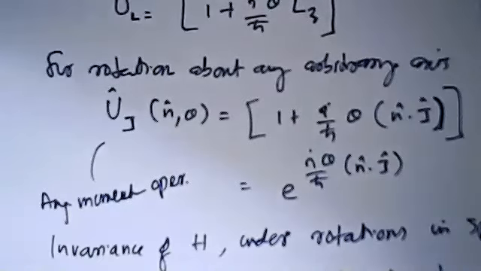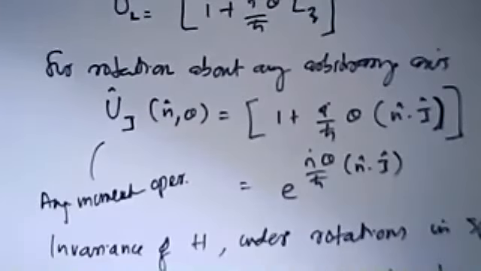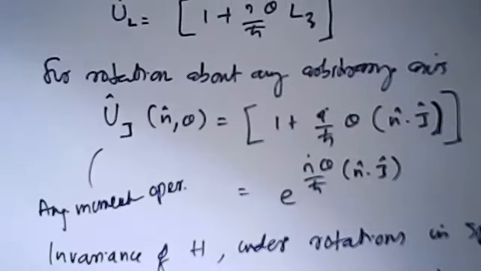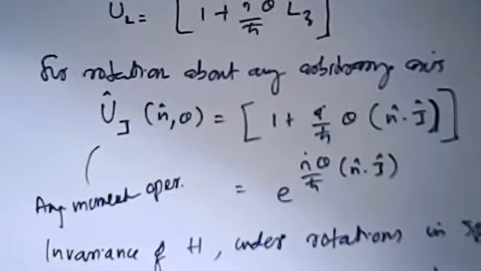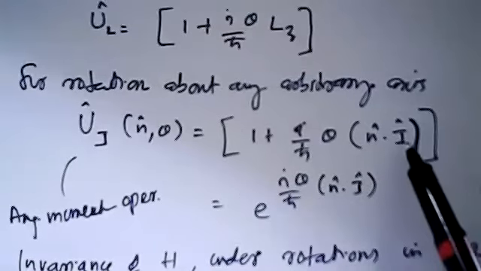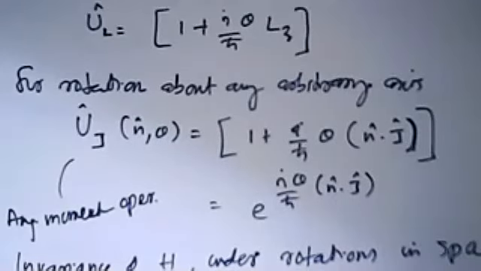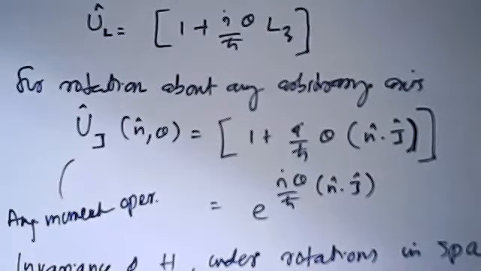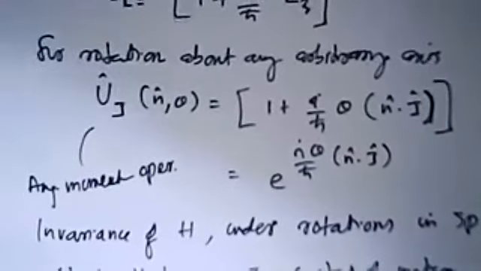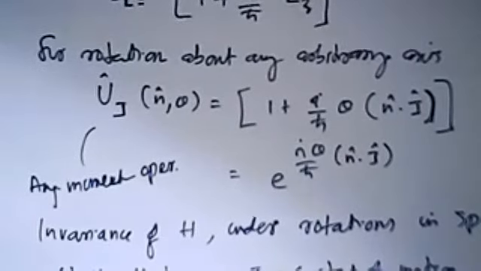So U_J H equals H U_J, that is the final result you will obtain. Operator U will commute with H, so we can say the eigenvalue of the J operator is j. The angular momentum J is a constant of motion. So you can write the commutator [J, H] equal to 0.